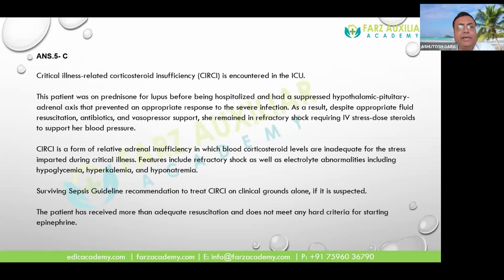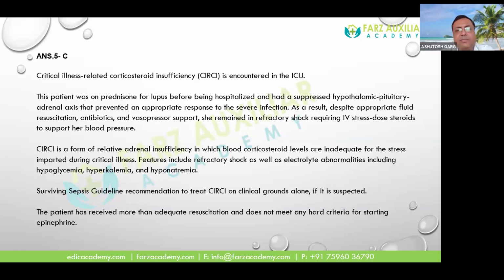Whenever CIRCI is there, you will not get the result unless you give the steroid. There is a suppressed HPA axis, and despite giving appropriate fluid resuscitation, antibiotic, vasopressor, patient remains in refractory shock. So patient needs an IV stress dose steroid to support the blood pressure.